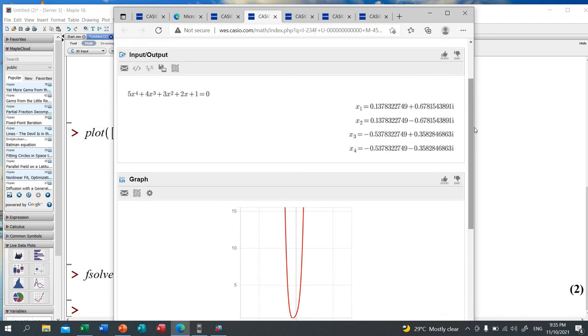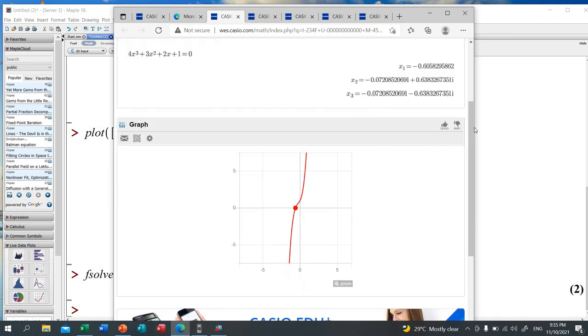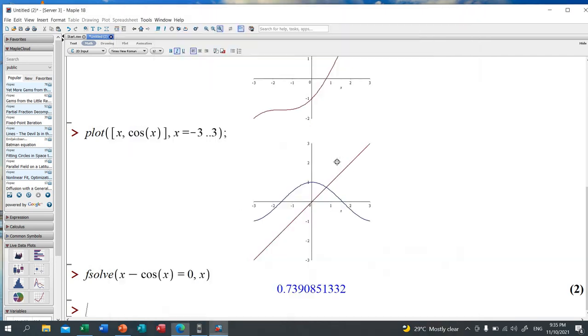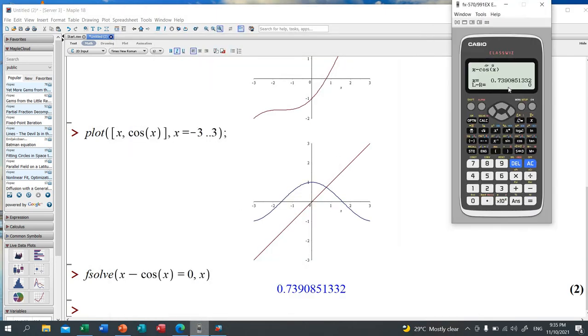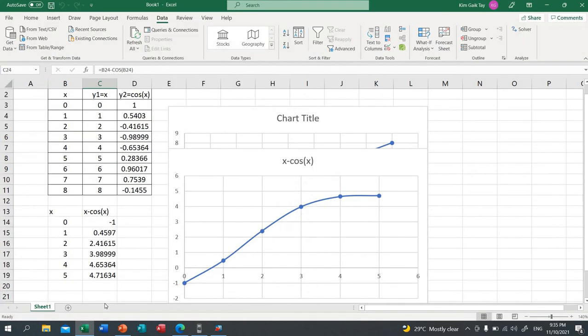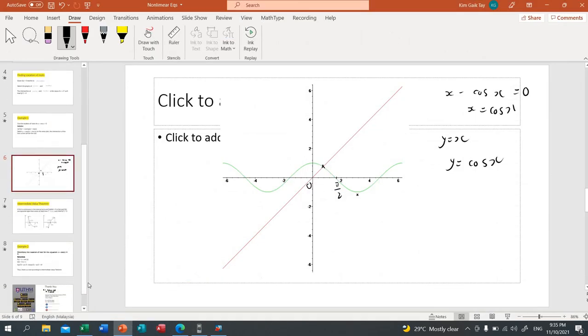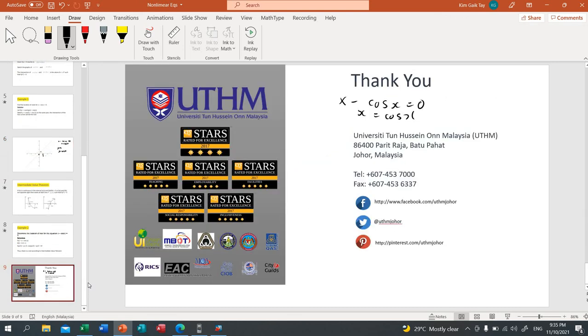This one is a polynomial degree 4, degree 3, degree 2. So I've shown you, either you use your scientific calculator, this one, or you use Microsoft Excel. So with this, thank you for your attention.